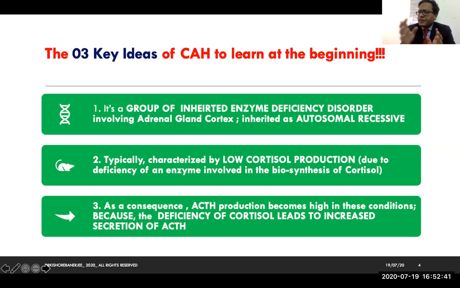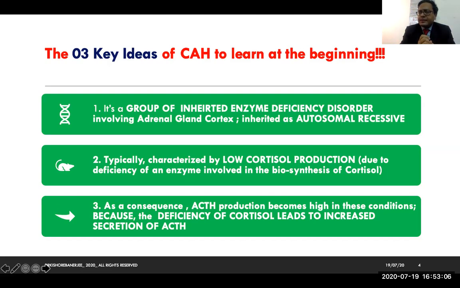All these diseases, this is not a single disease, but a heterogeneous group of disorders. That means depending on which enzyme is deficient, it could present in various ways. We will simplify that in a moment when we progress to discuss the other slides. But the first thing is that it's an inborn metabolic error, an enzyme deficiency disorder.